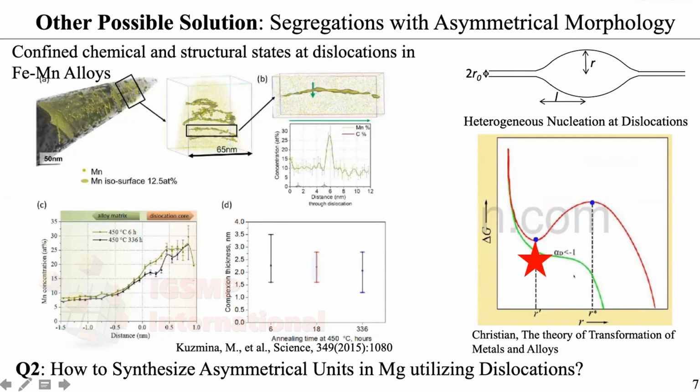So if we apply this principle in magnesium, we are supposed to find dislocation-based strengthening units, so that we can tune the properties of magnesium.